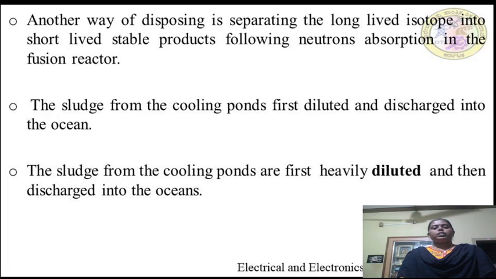And one more method is that the sludge from the cooling ponds is first heavily diluted and then discharged into the oceans. So these are the methods of disposing solid waste in the nuclear power plant.